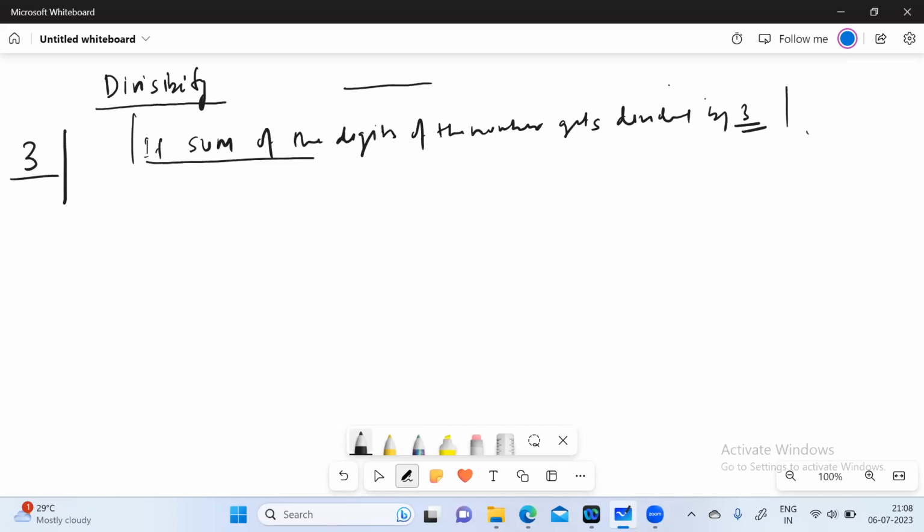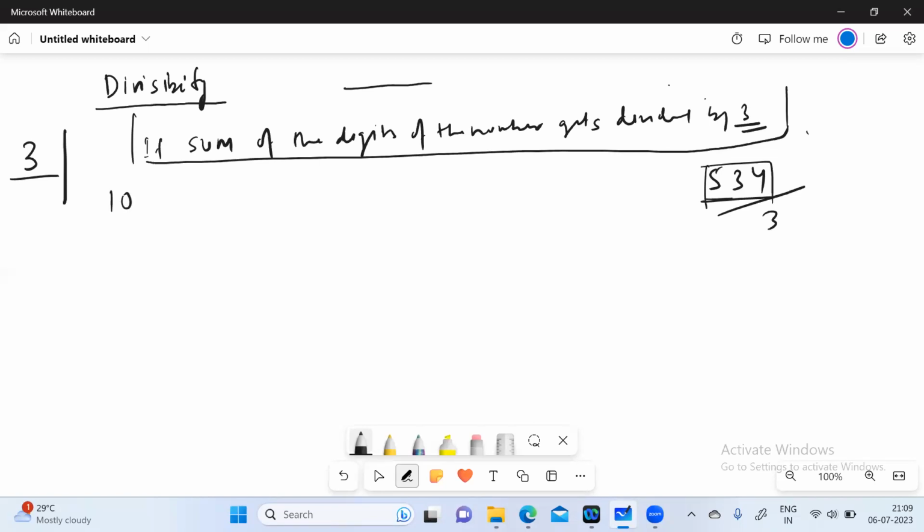So now let's explain it also. We are checking 534. We need to check whether this number is divisible by 3 or not. So let's go to the decimal system only. What we know, the first we get here is 10, and similarly we get 20, 30, till 90.